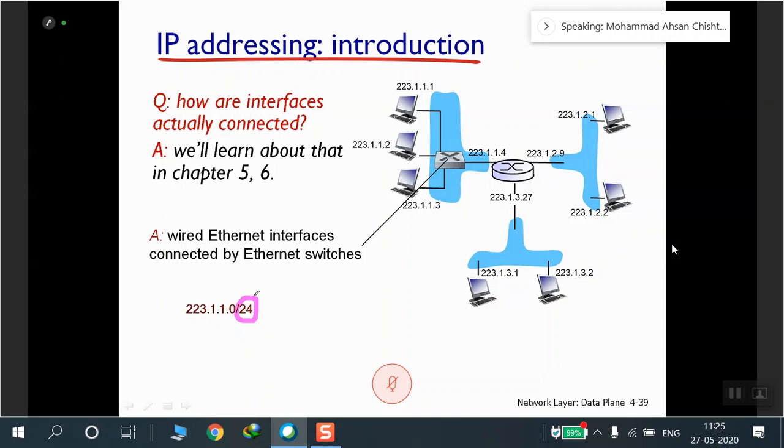It denotes how many bits of the IP address belong to the network.